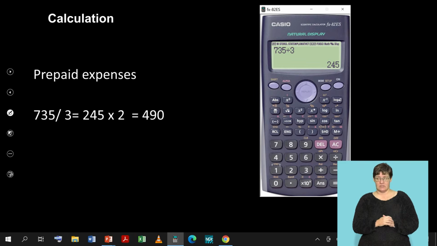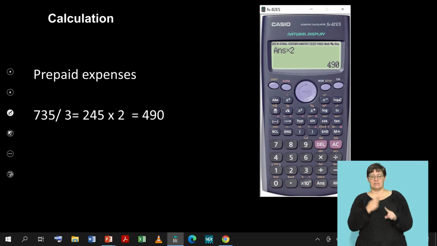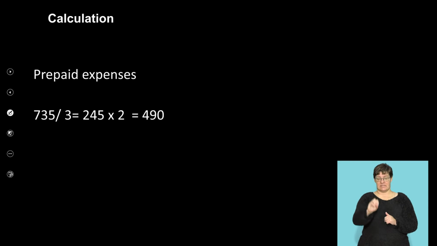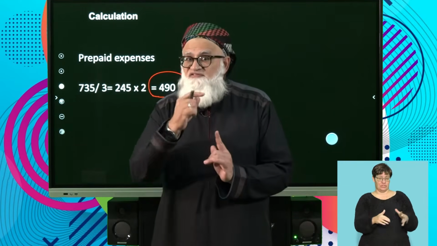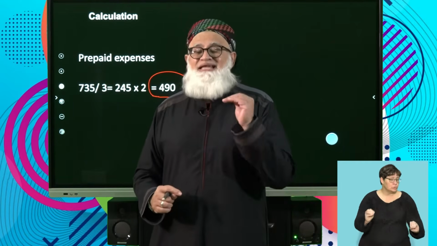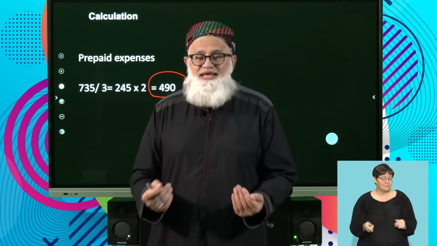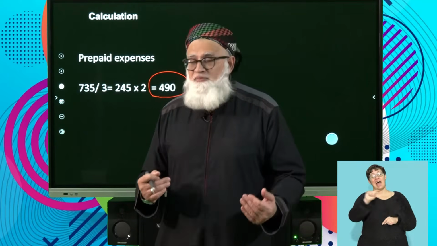And then obviously 2 months falling out of our period, times 2, will give me a figure of 490. Right, so I've identified my calculation as 490. Now remember, this is a prepaid expense, right? Where does it feature in my balance sheet? It appears under trade and other receivables.